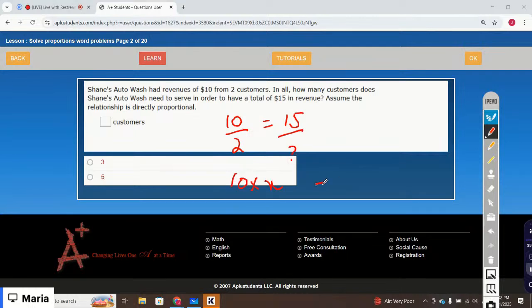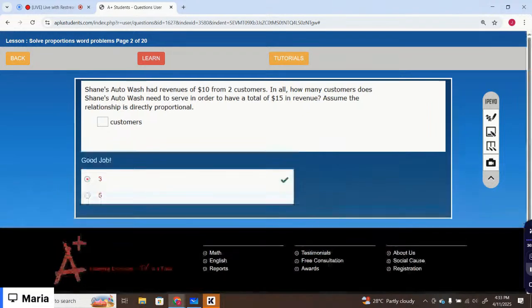Just do cross multiplication. X equals 15 times 2 over 10. So which is the correct option? That is 15 times 2 is 30 and 30 divided by 10 is 3. Option number 1 is the correct option.